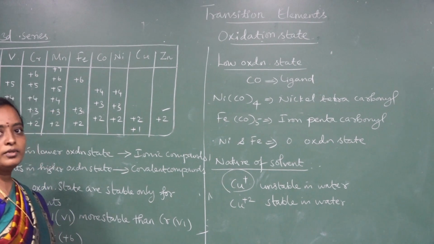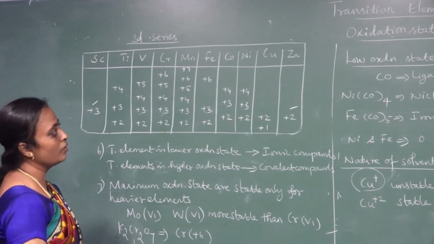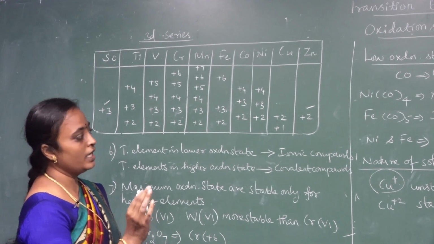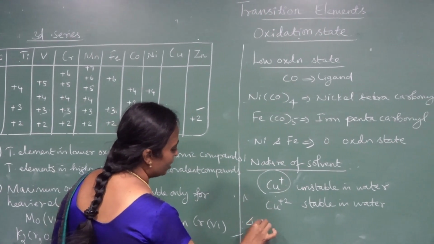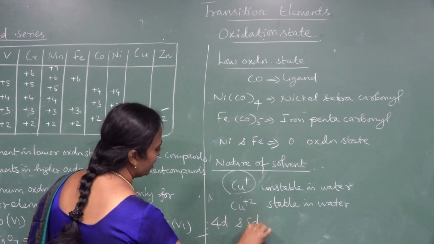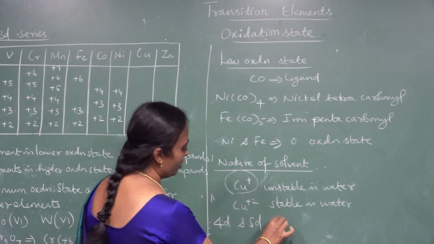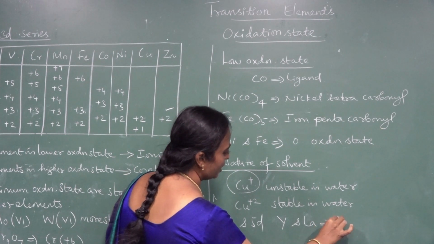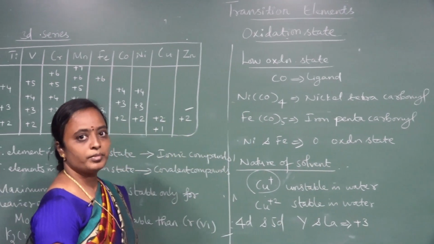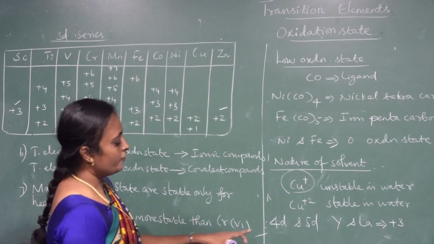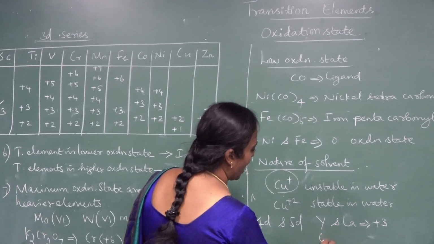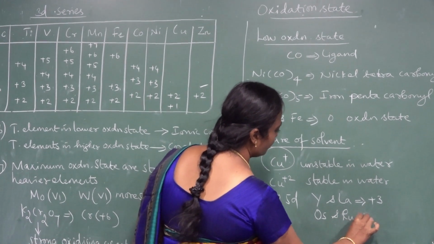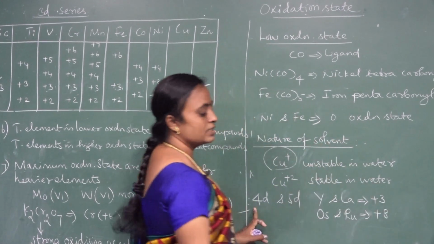So far we have discussed only the oxidation state of the 3d transition series. If I take 4d and 5d, the common oxidation state exhibited by yttrium and lanthanum is plus 3. If I take osmium and ruthenium, you will get plus 8 oxidation state.